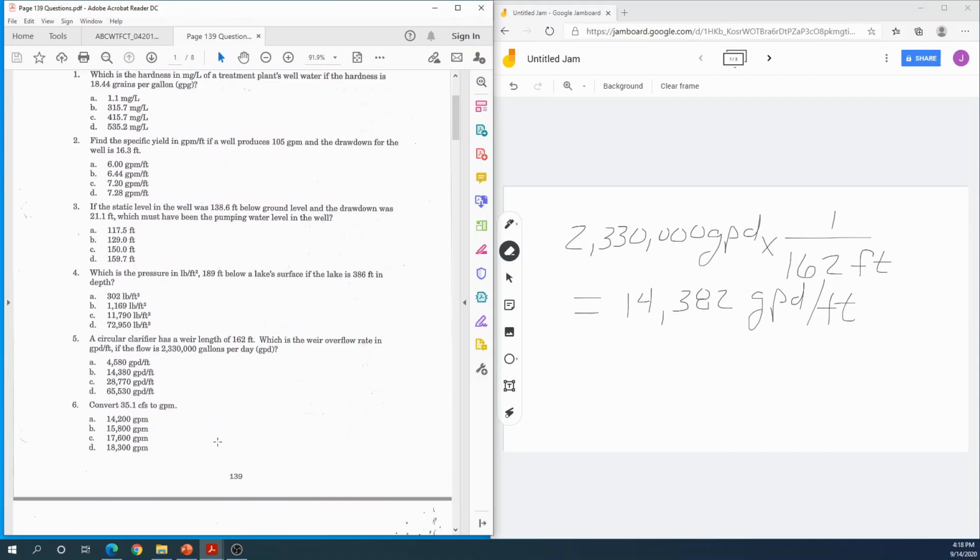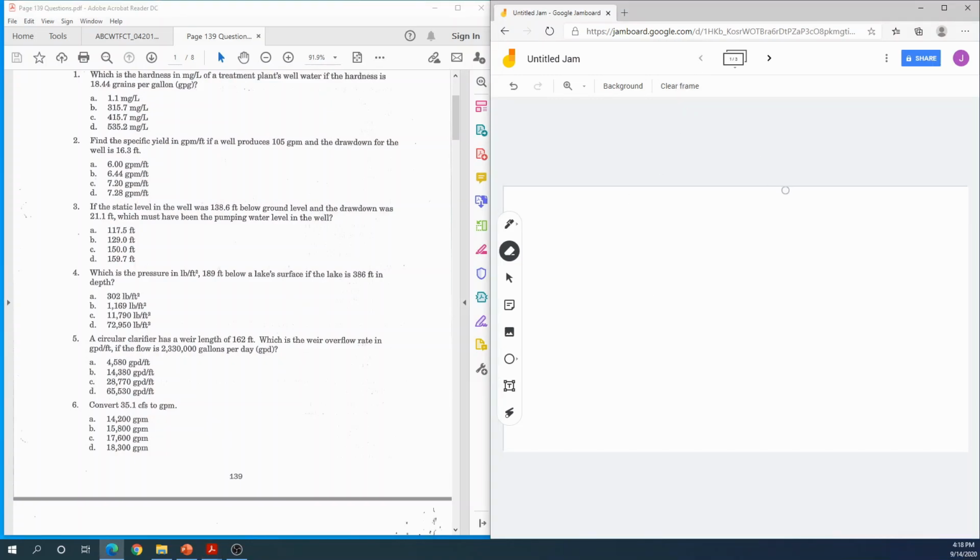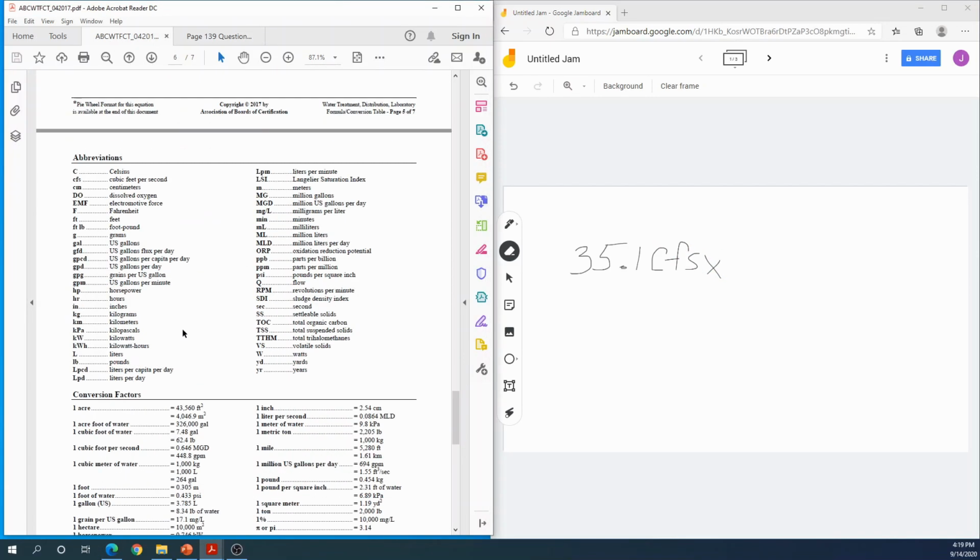Number 6, convert 35.1 cubic feet per second to gallons per minute. So let's see what we have for conversions. We know we have 35.1 cubic feet per second. And let's look at our conversion rates.